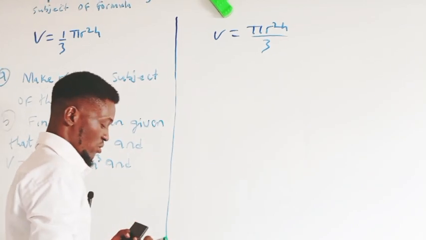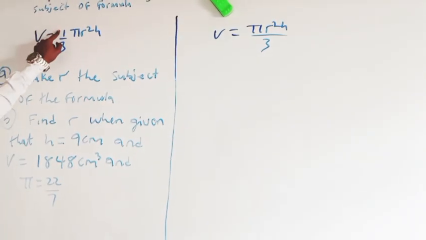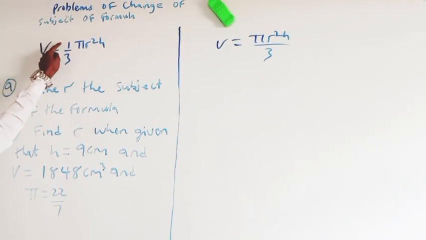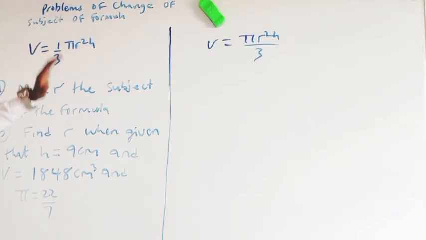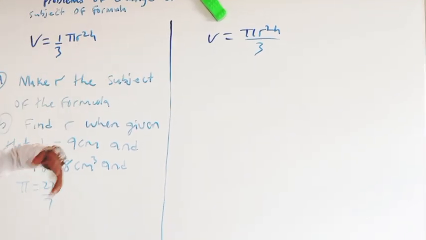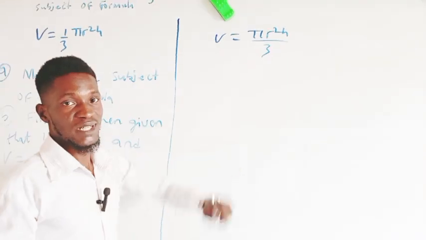We need to eliminate the fraction, because most students, once they see this, get confused about what the value of this is. So I'm rewriting 1 times pi r squared h, which is pi r squared h. That is why everything is expressed in this form.